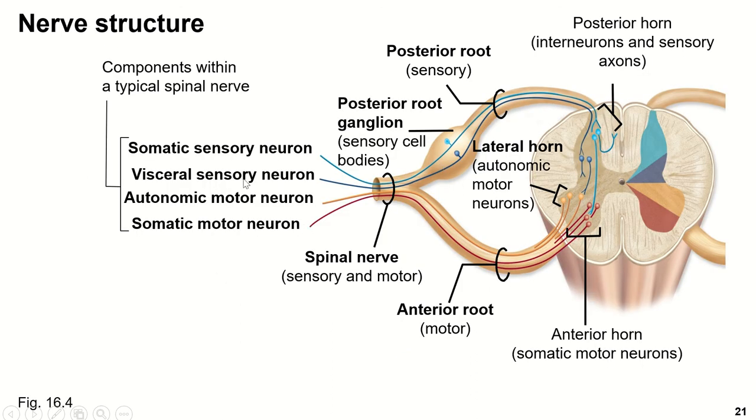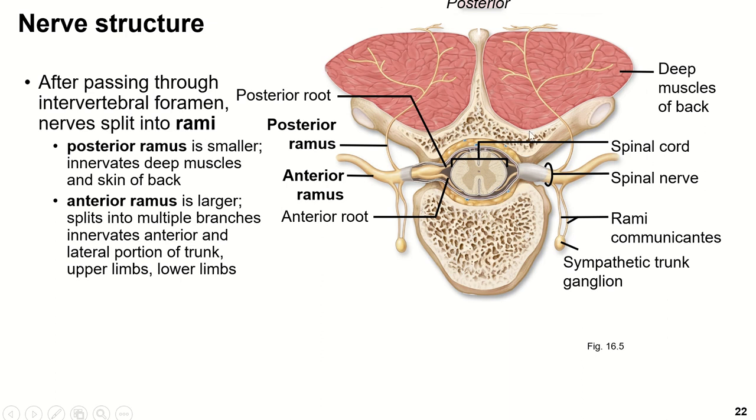And so that's what this is, the 4 different types of neurons, but still sensory is posterior, motor is anterior. All right, now, right after emerging, the spinal nerve is going to branch into rami, singular ramus. The posterior ramus is much, much smaller than the anterior. This is the anterior, this is the posterior.